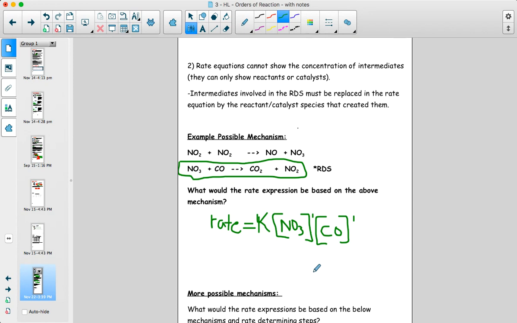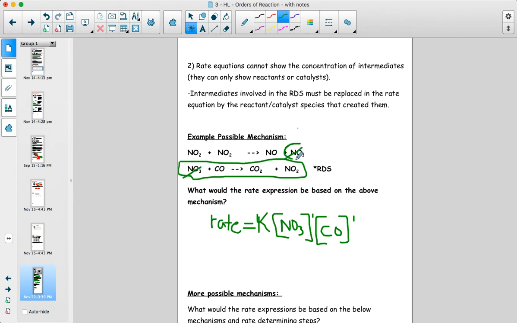However, when we're thinking about how concentrations affect the rate, we don't actually know the concentrations of any intermediates. Intermediates are things that are formed in early steps and then used up later. So I'm going to have to get rid of this intermediate, and the way that I will do it is I'll replace it with the things that formed it. If I look at NO3, we know it cancels out of the overall equation.